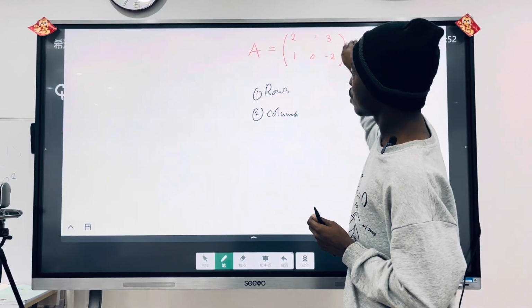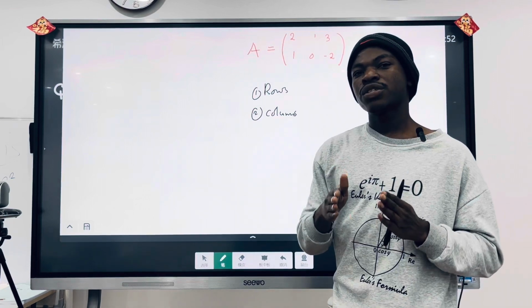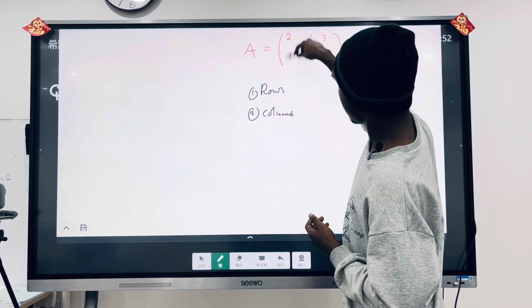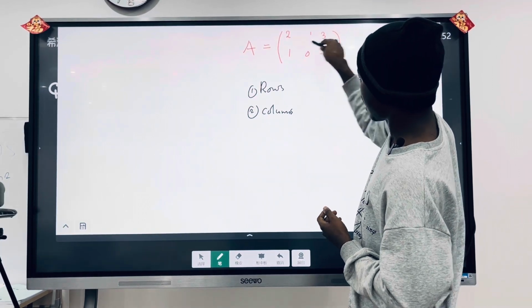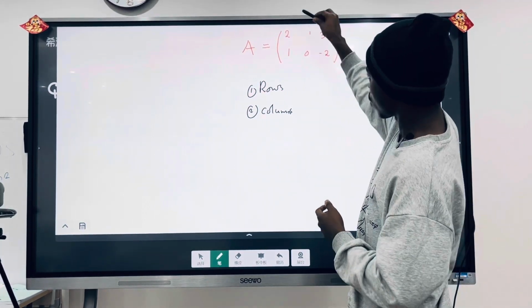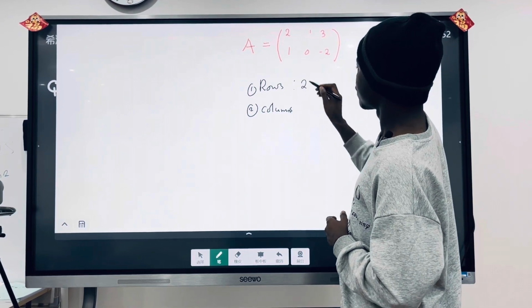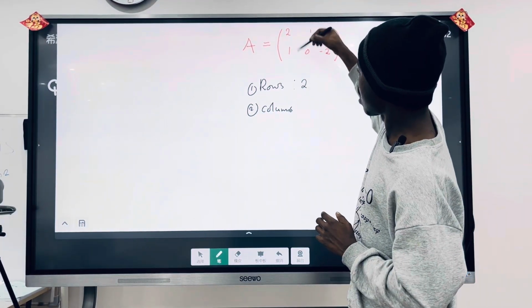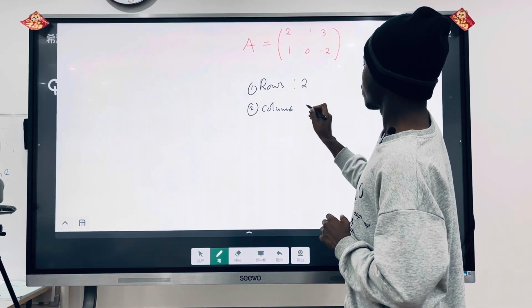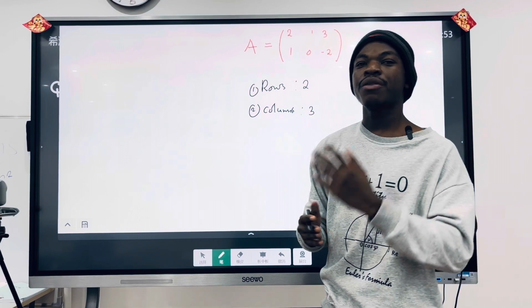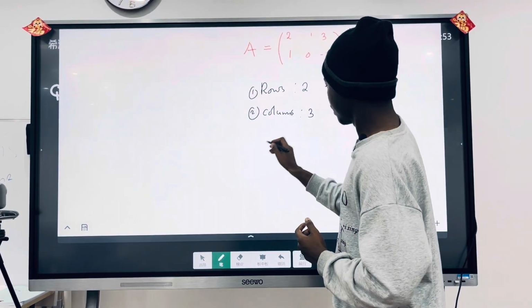So rows run horizontally, then columns should run vertically. So these are columns. These are rows. So rows, columns. So we have how many rows here? We have two rows. How many columns? 1, 2, 3. So we have 3 columns. We call this a 2 by 3 matrix.